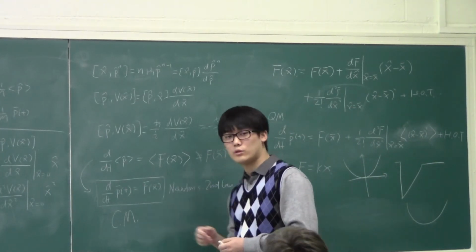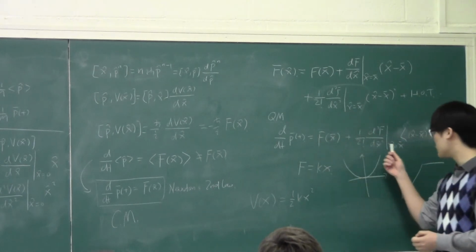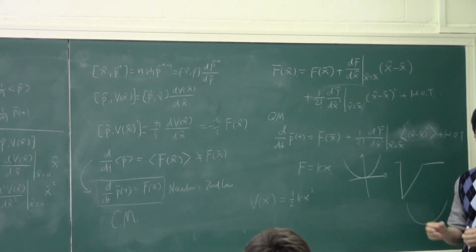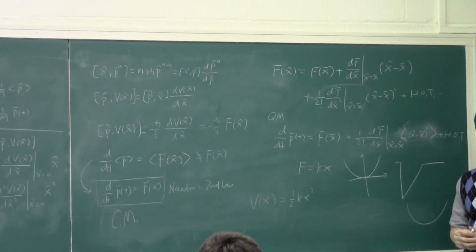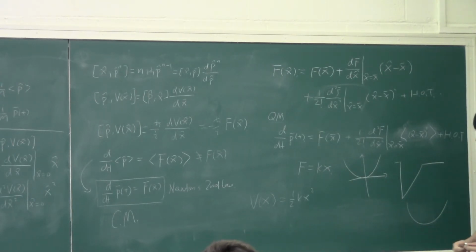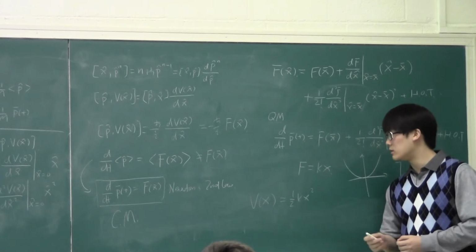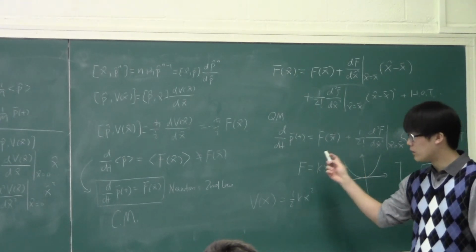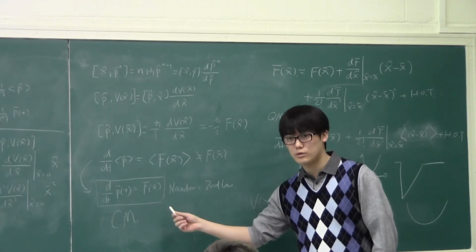So this is the important thing. But when nonlinear forces are involved, quantum mechanics and classical mechanics are completely different. So this is the correspondence between the quantum mechanical equation of motion and the classical equation of motion.